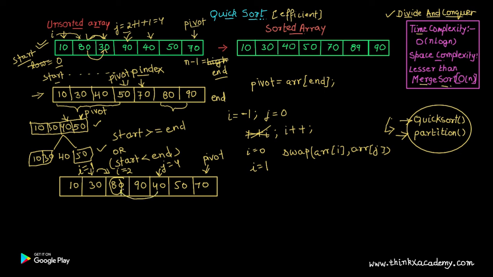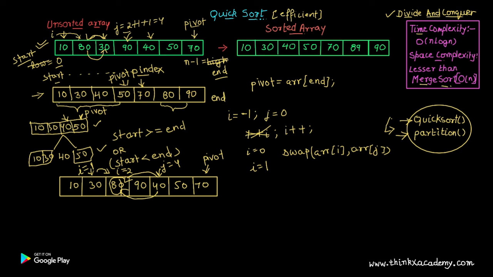These values will get swapped, and this will go on until we arrive at a position where we do not encounter any element smaller than the pivot element. The for loop will compare all the elements at the j position with the pivot element. Whenever an element is less than the pivot, we swap it, and then we increment the partitioning index.